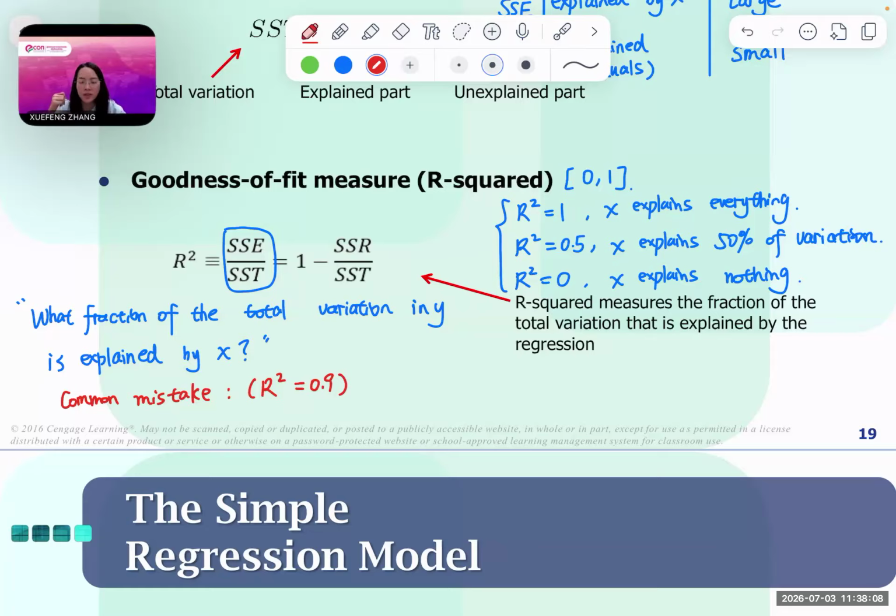It doesn't mean causation, because causation needs our conditions.